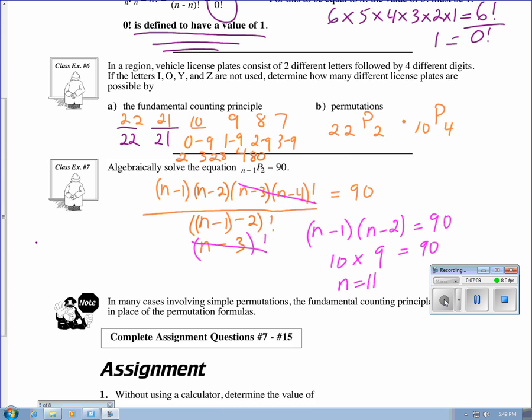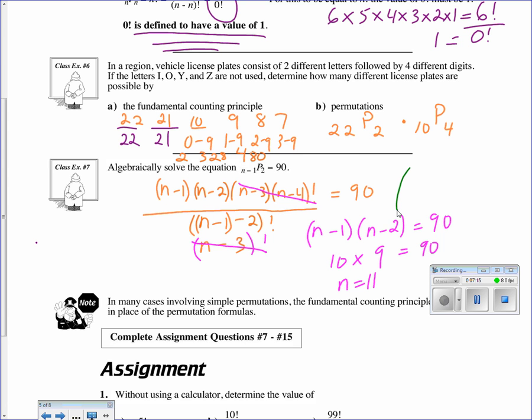You could also have FOILed it out, like we did previously, and get n squared minus 3n plus 2 is equal to 90. Move the 90 over. n squared minus 3n minus 88 is equal to 0.